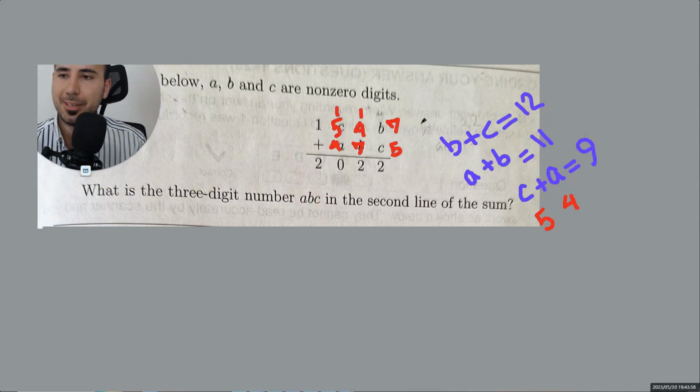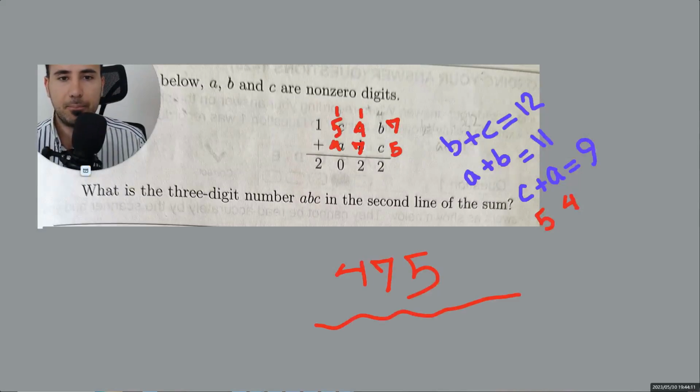Okay, there you go. We found it. The first guess worked. So 475 is the right answer. You just narrow down the possible numbers and then you do trial and error. So let's go to the next one.